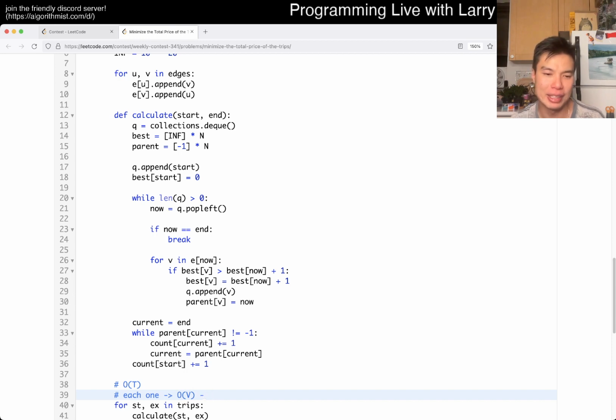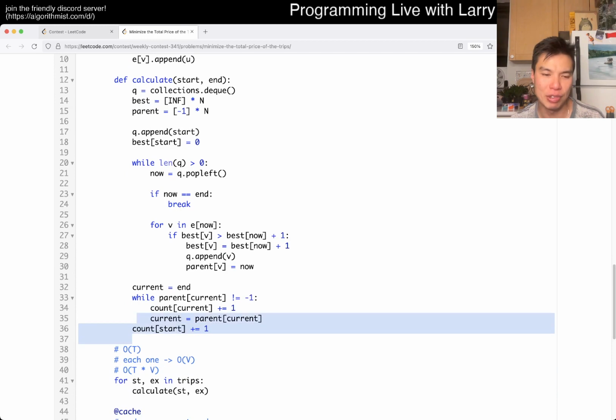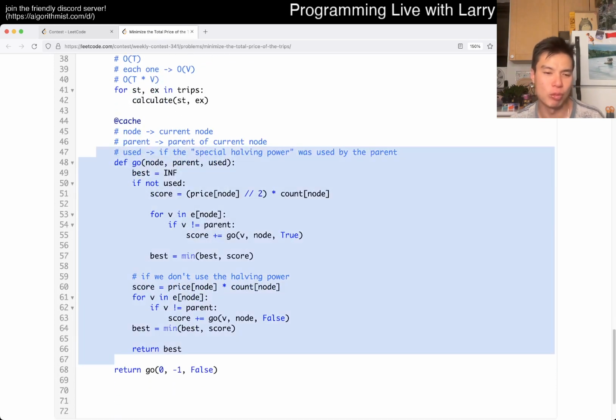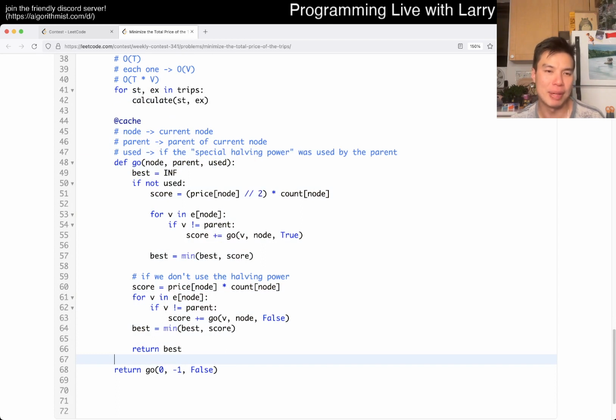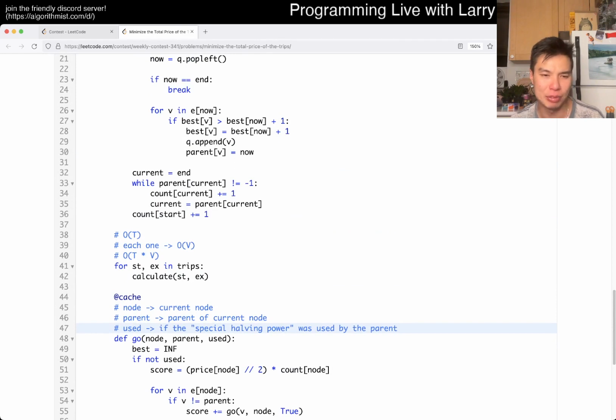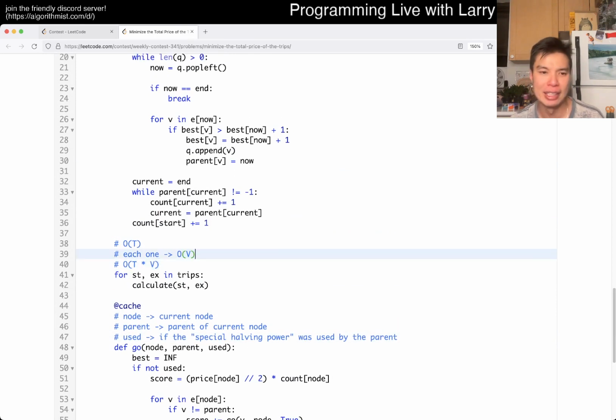So this is going to be O of t times v for getting this count rate. And then here is just linear, right? Because basically, like we said, node plus parent is linear. There's going to be O of n, and used as binary, so this is also O of n in total. So this is going to be O of t times v is what it gets dominated by in time.